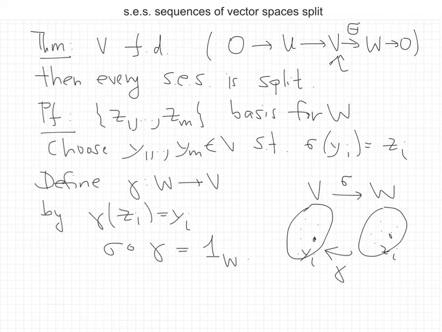We actually only use that W is a finite dimensional vector space. So having a linear map from a vector space V onto a finite dimensional vector space W, then there is this splitting map. Usually this is used in the framework of short exact sequences. That's why I kept on stating it here.